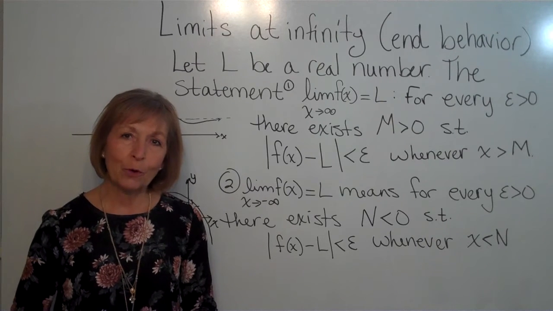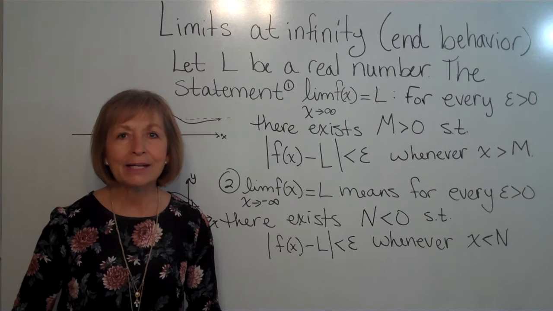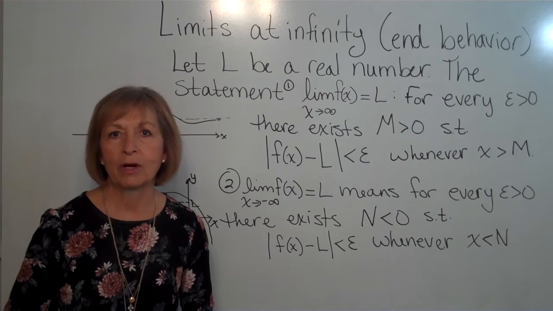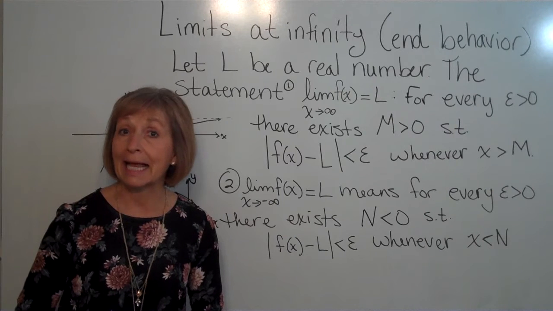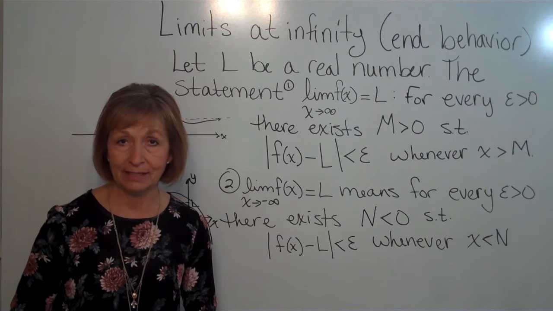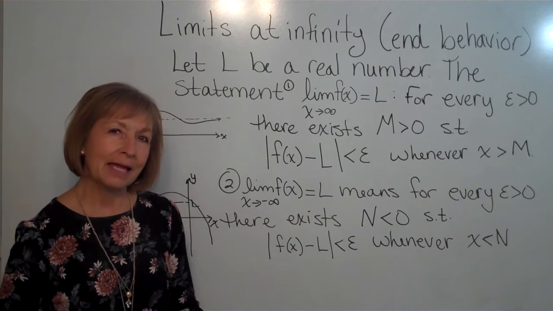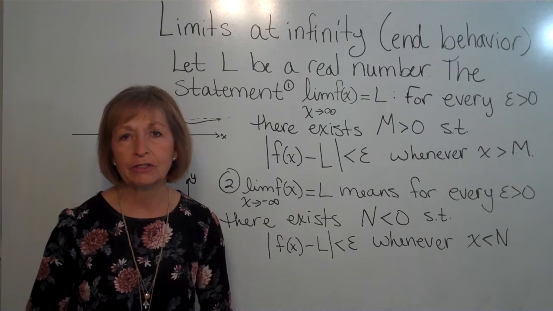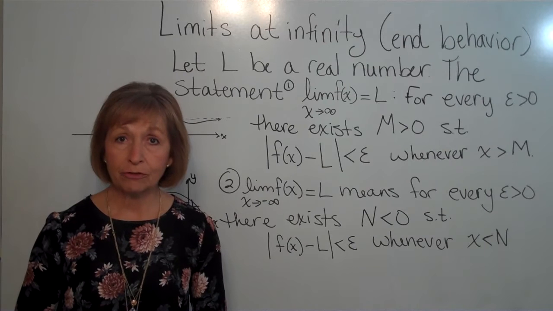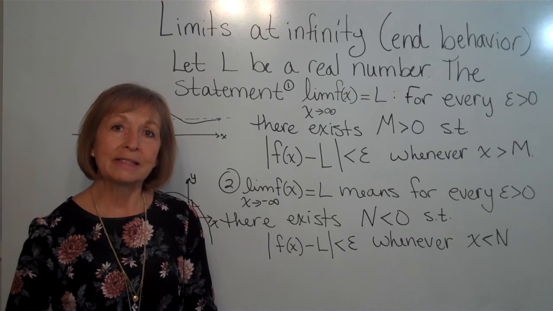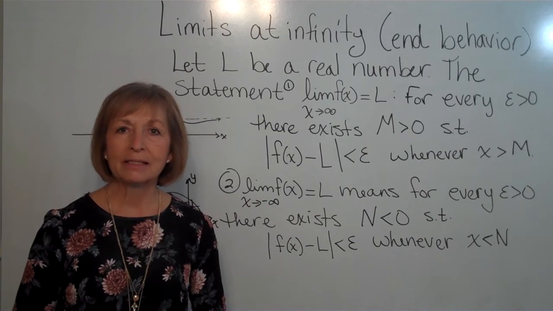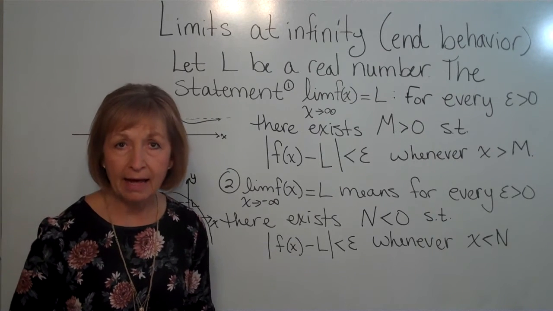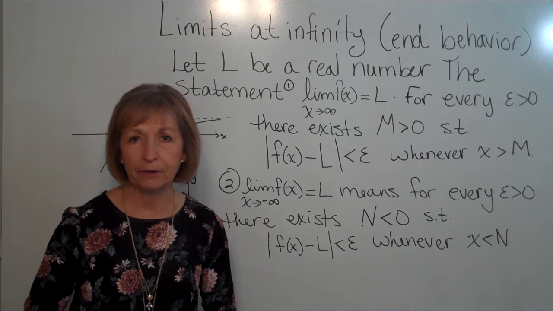These types of questions with limits are actually the same process that we thought of when we were looking at end behavior for graphs. So when you think about the end behavior for polynomial graphs, for graphs of linear functions, for graphs of rational functions, you'll see that what you're getting for the limits in the notation with the limiting process is what you would have for your end behavior.